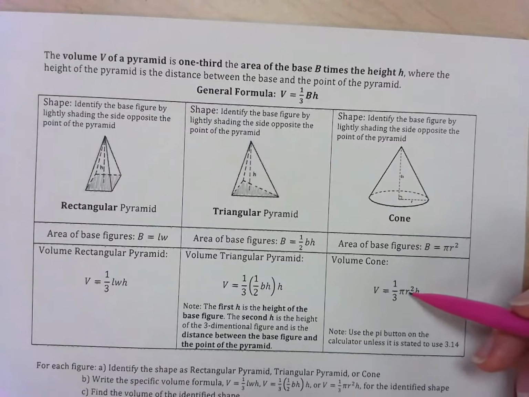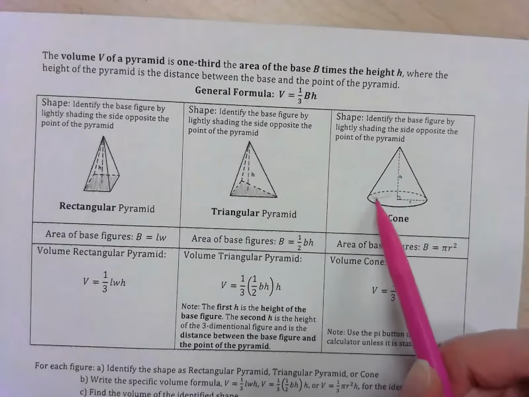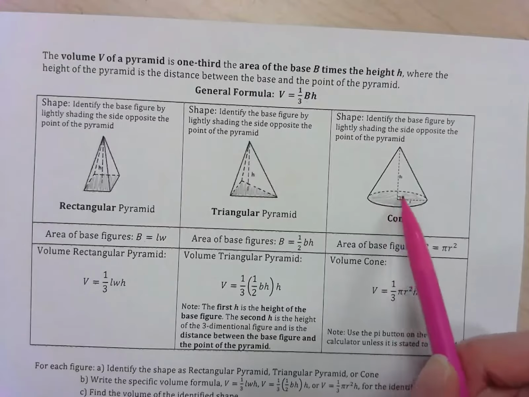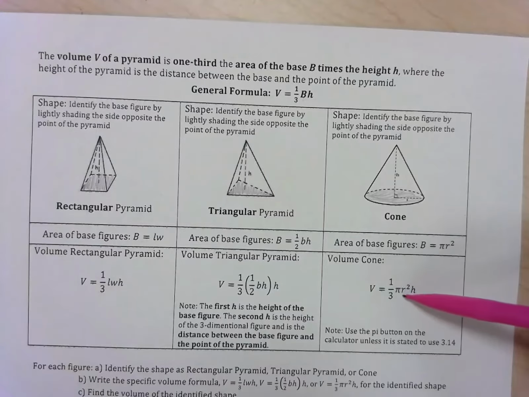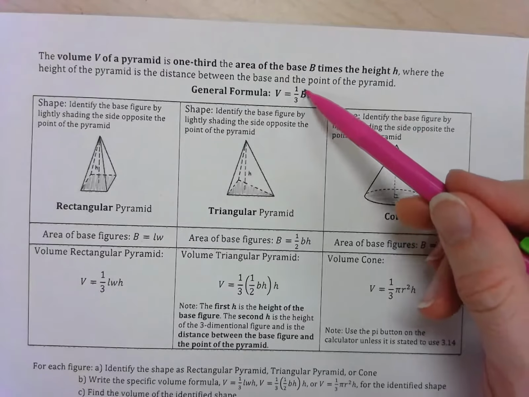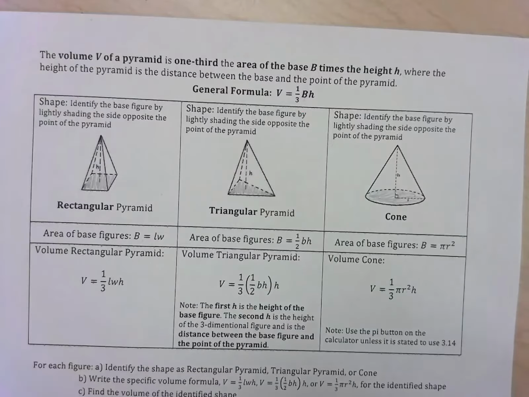And then finally, for a circle, or cone, we have the circle base. So the area of a circle is pi r squared. Replacing that with that big B, because that's the base area, we have 1/3 pi r squared, again, our h at the end. So now let's look at some examples.